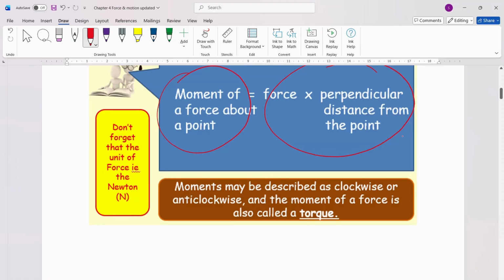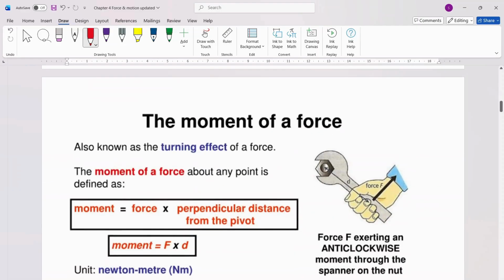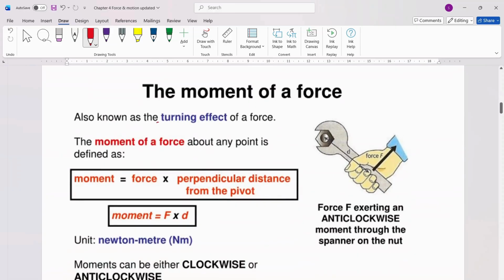Moments can be described as clockwise or anti-clockwise, and the moment of a force is also called torque. The moment of a force is the turning effect of a force.